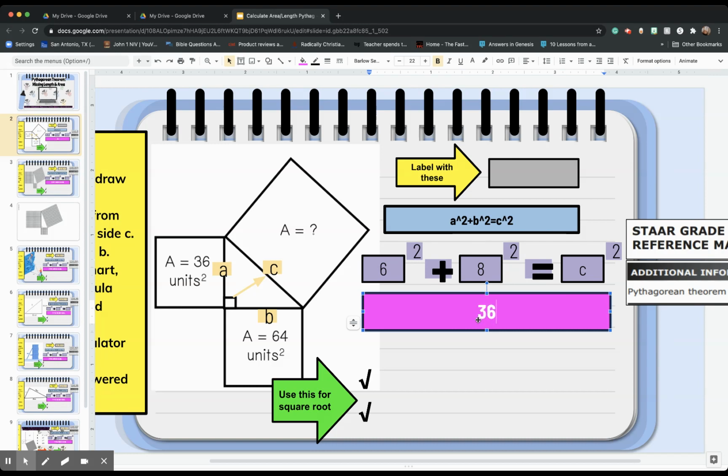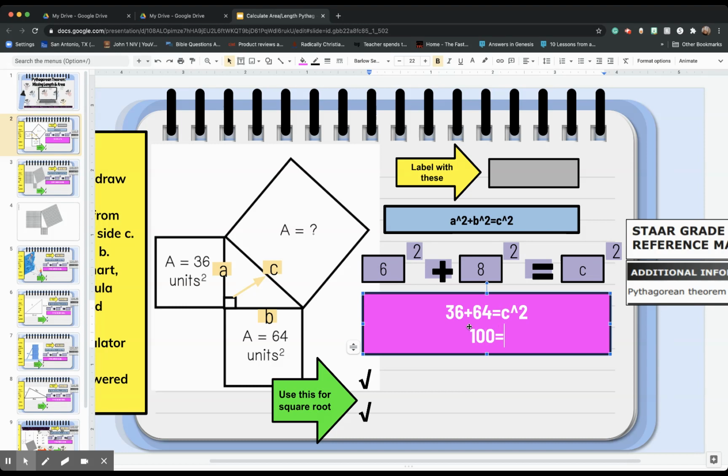Again, that's already given to us. B squared, 8 times 8, is 64, which is given to us. And all of that's going to be equal to c squared. Great. Well, what's 36 plus 64? 100. We have 100 is equal to c squared.